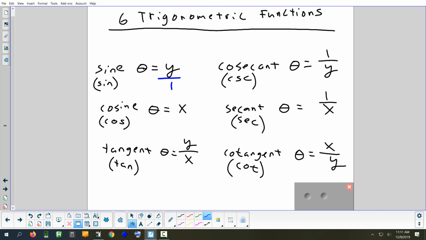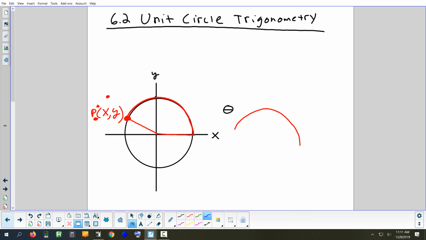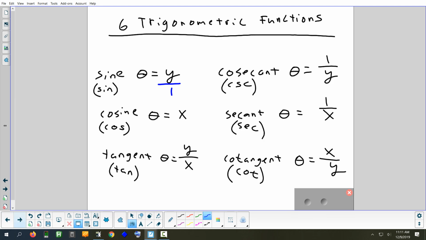It's a circle that has a radius of 1. So in this picture, it's 1 unit to get to the edge of the circle starting from the center. I'll come back to that.